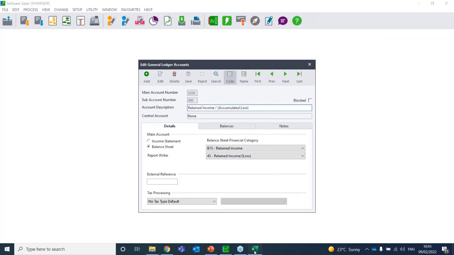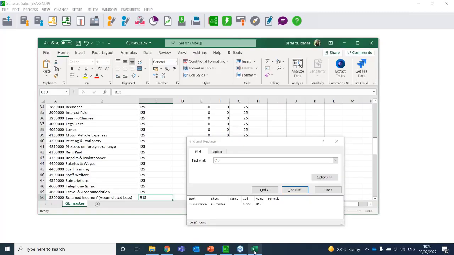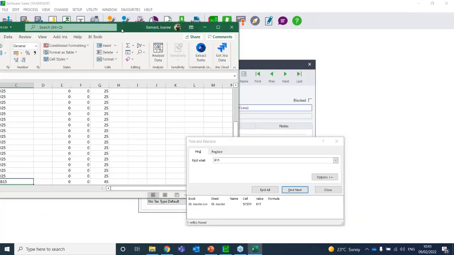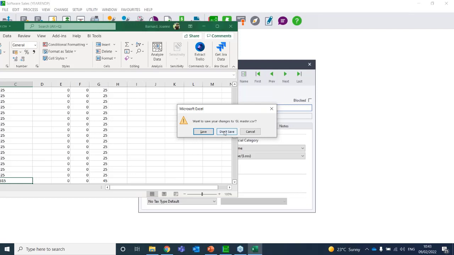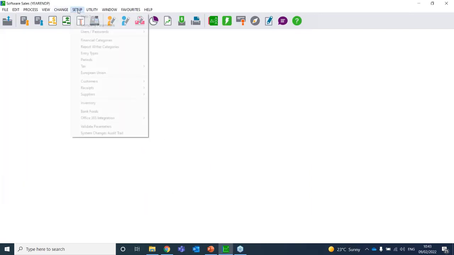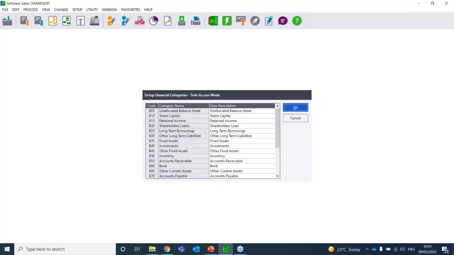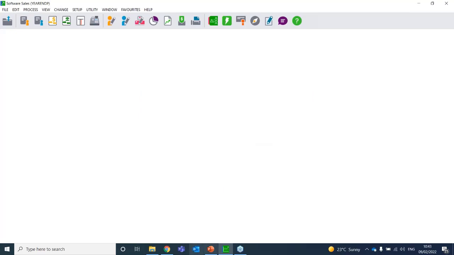But you can also search that way. The other way, if you really want to find what category it is, if you don't want to go through your GLs, is you can go to Setup, Financial Categories. And guys, you can find where retained income shows here. B15. So guys, that's with the retained income account.